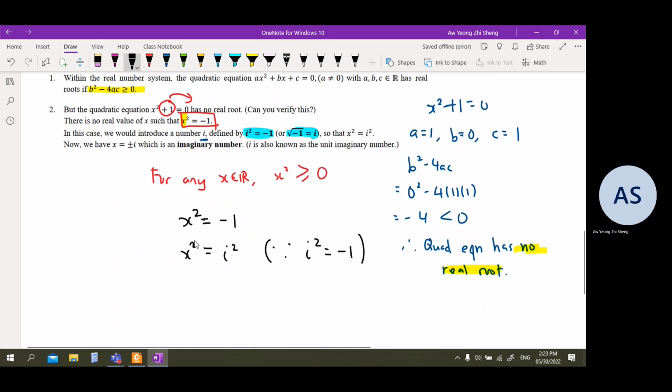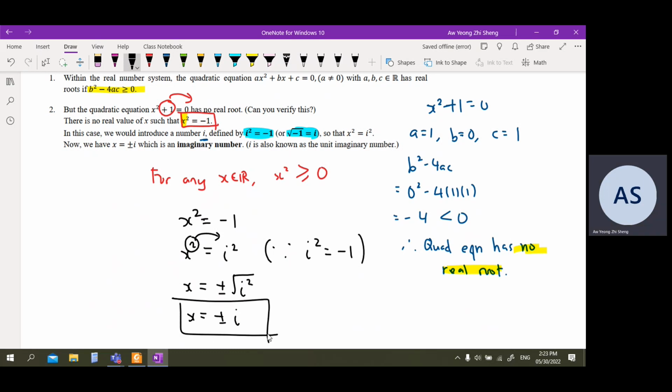Then, when this square goes over to the other side, we introduce plus minus square root as usual, and so we end up with x equals plus minus i. That's how we get the two roots for the equation x squared plus 1 equals 0. These two roots, plus i and minus i, are not real roots, but they are complex roots.